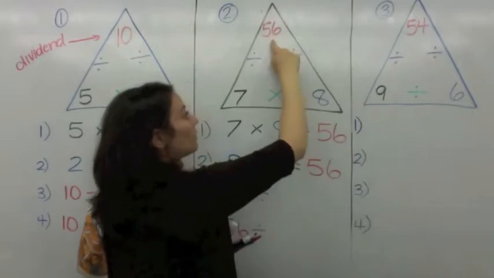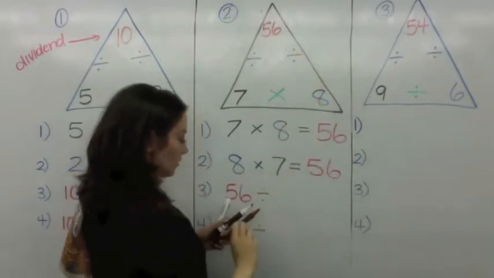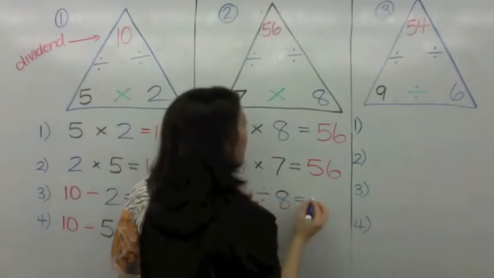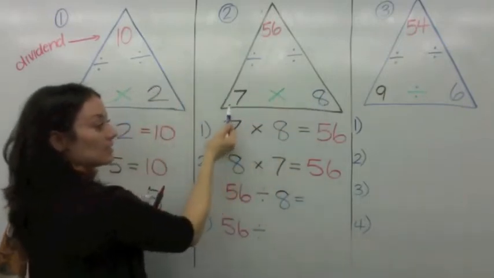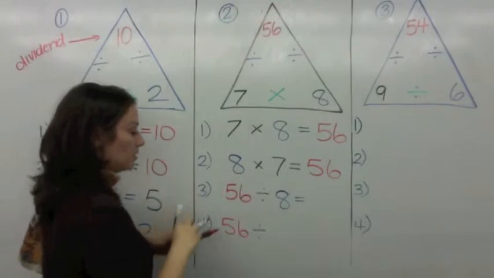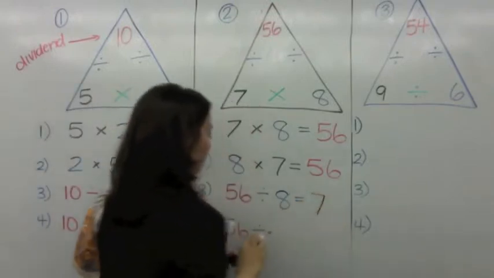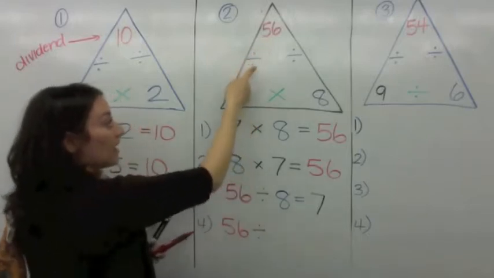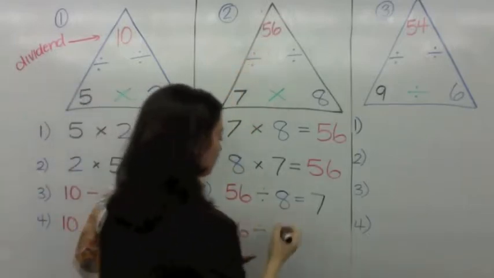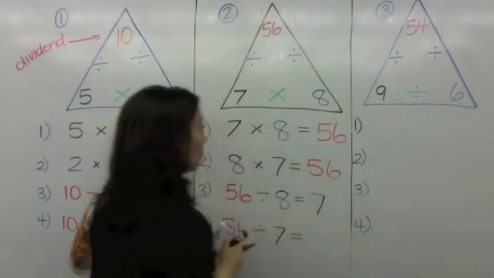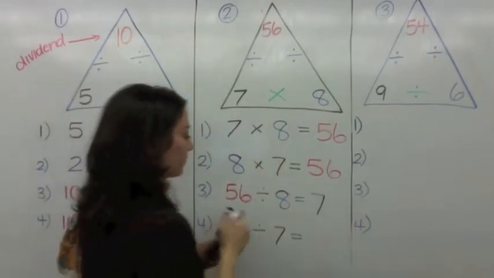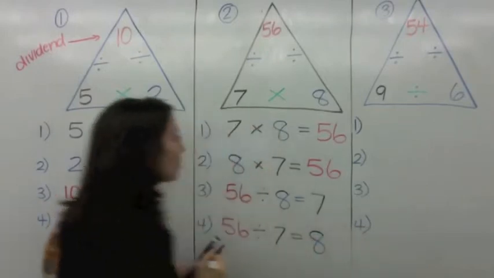We're going to do 56 divided by 8. 56 divided by 8 is what? 56 divided by 8 is 7. Very nice. And then going the other way, 56 divided by 7 equals, what's left? 8. Very good. Go ahead and get that down.